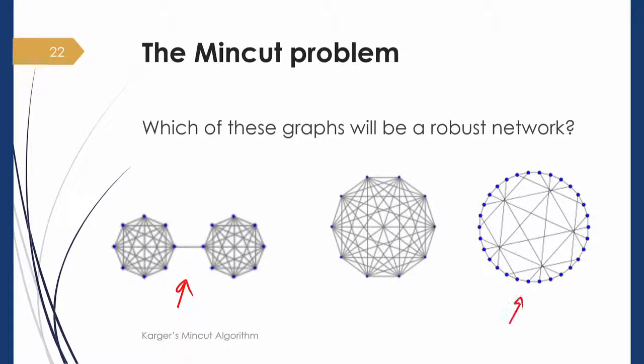This graph is okay, and this graph is good. And what makes you spot this? Because you can see in this graph that a single edge, if it is deleted, can disconnect the entire graph into two components. And so this is the nature of real world issues that motivate the min-cut problem.